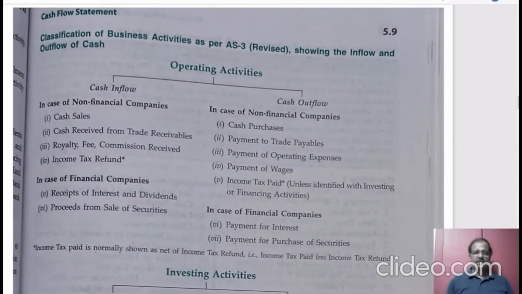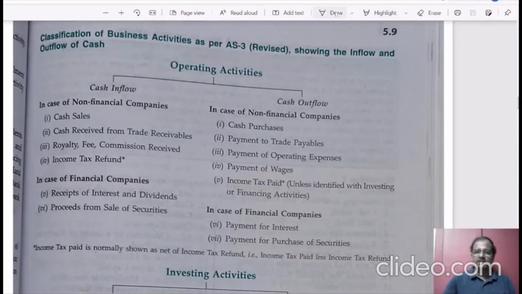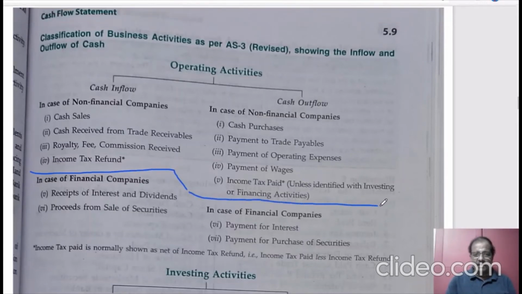With the help of this classification, we can understand in detail the operating activity related items, exclusively to differentiate a finance company and a non-finance company, because the operating activity of one company could be the non-operating activity of another.